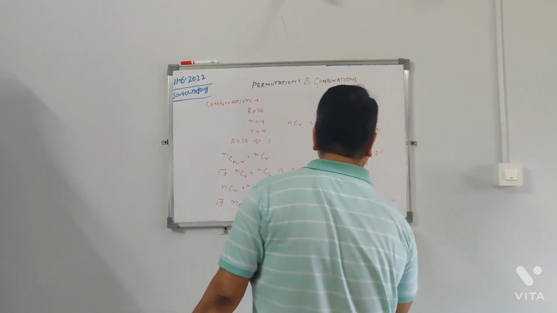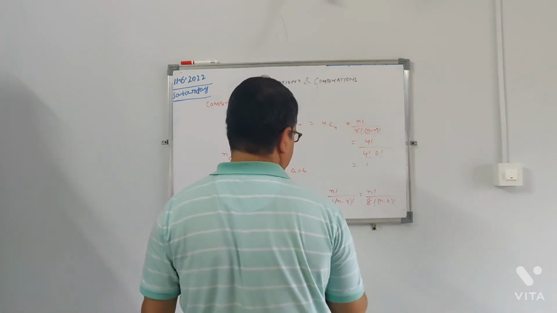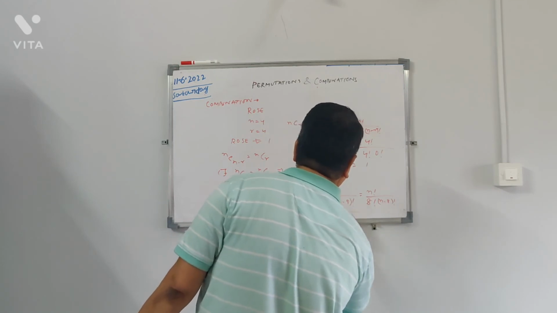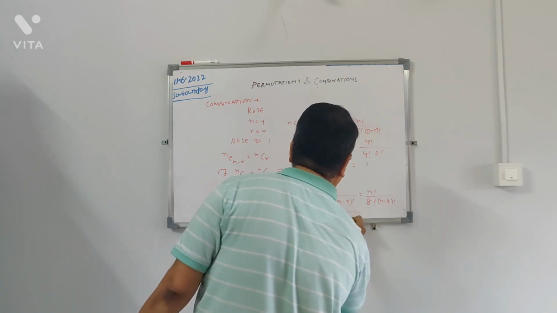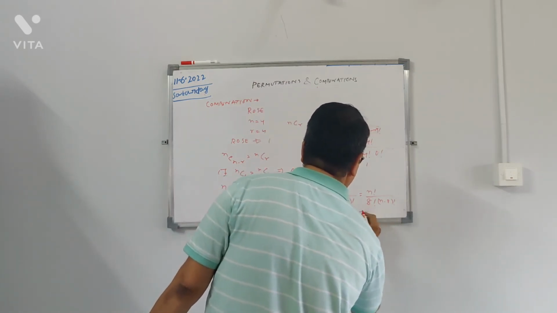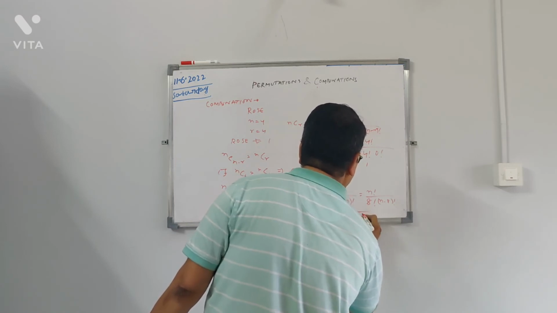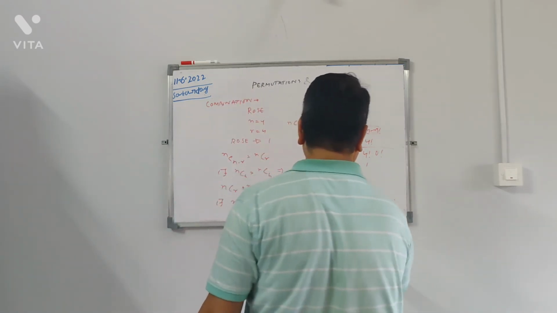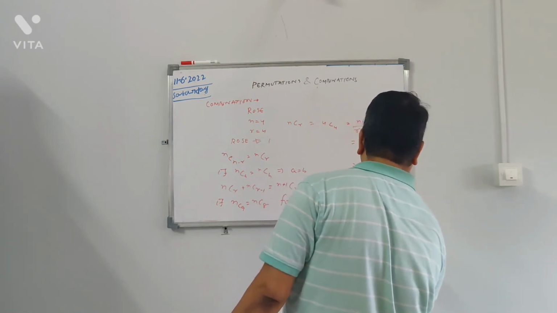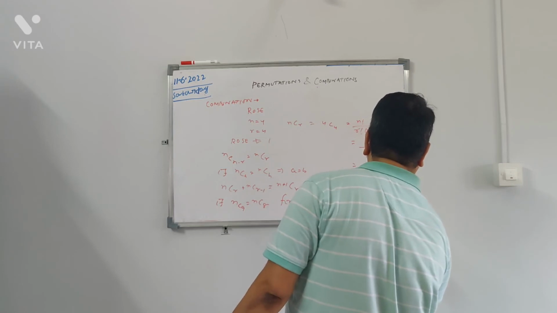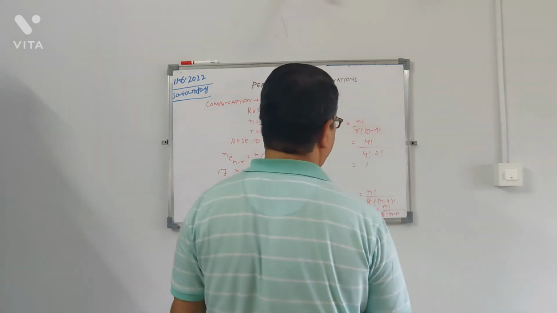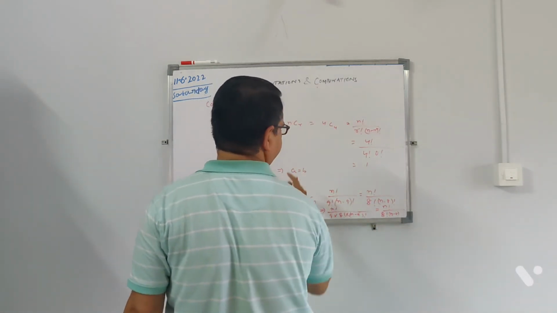So this becomes n factorial divided by 9 into 8 factorial, then (n minus 9) factorial. Then it implies n factorial by 8 factorial, then (n minus 8) into (n minus 9) factorial. The n factorial will get cancelled.